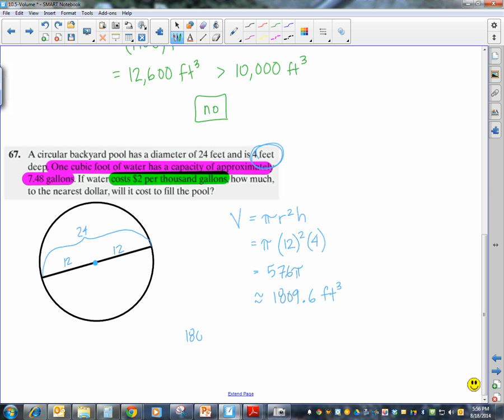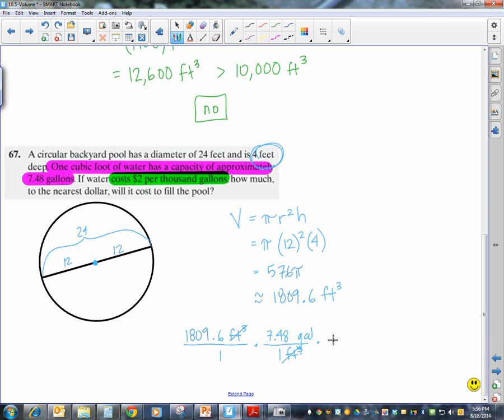Okay, so now to figure out how much it's going to cost, I'm going to take that and use our dimensional analysis that we've done before. 1,809.6 cubic feet over 1 times, now what's highlighted in the pink says that 1 cubic foot, remember I need my feet to cancel, 1 cubic foot has the capacity of 7.48 gallons.